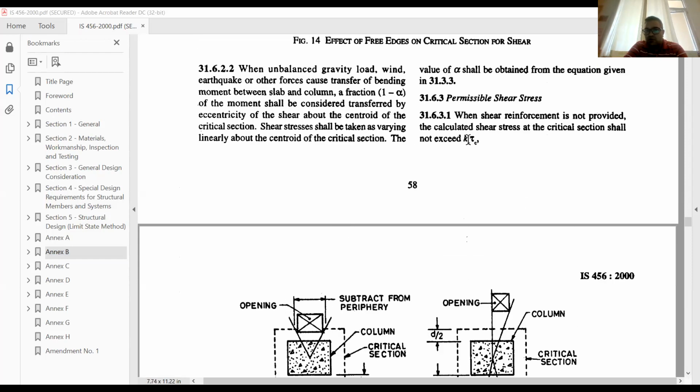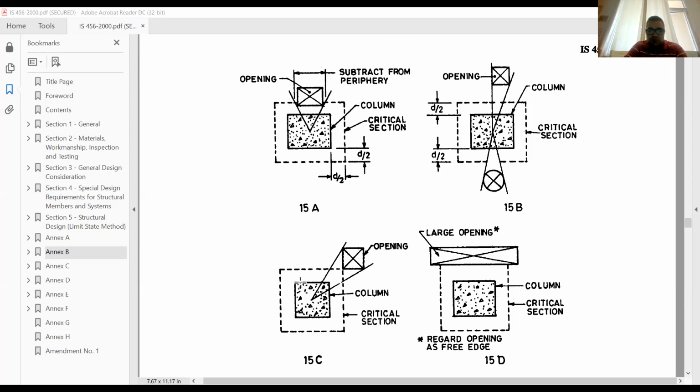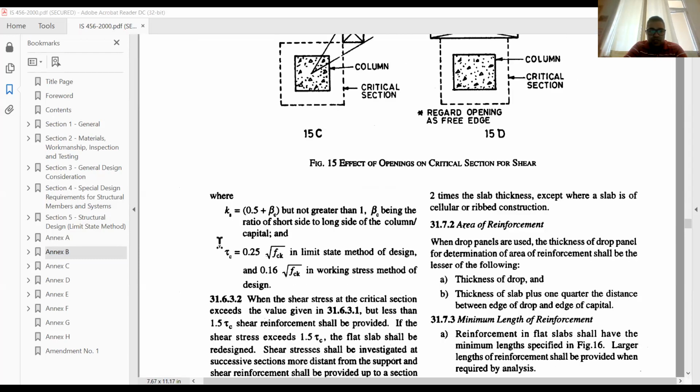Now how do we find out Ks and tau c? For that, we will refer to the next page. So here you see Ks is calculated by this formula 0.5 plus beta c. Now it says that this value should not be greater than 1. And beta c is the ratio of shorter side to the longer side of the column.